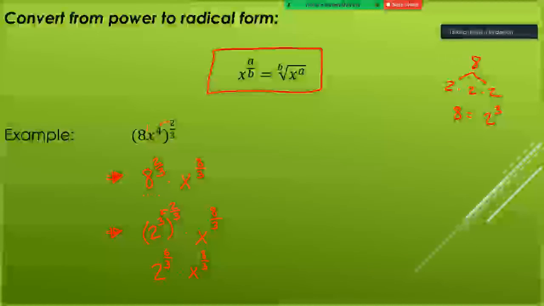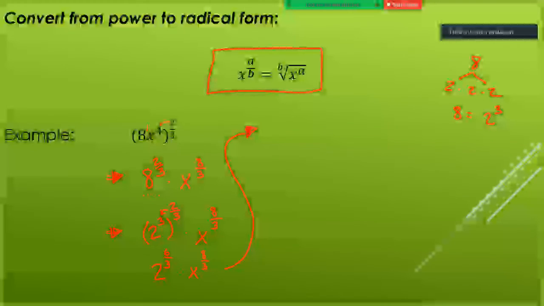Looking at the exponent now for my 2, it's 6 over 3. Simplify that. 6 divided by 3 is 2 itself. I'm going to continue here. So that's 2 to the 2 times x to the 8 over 3. 2 to the 2 is 4.